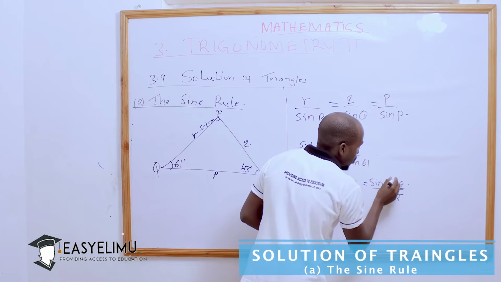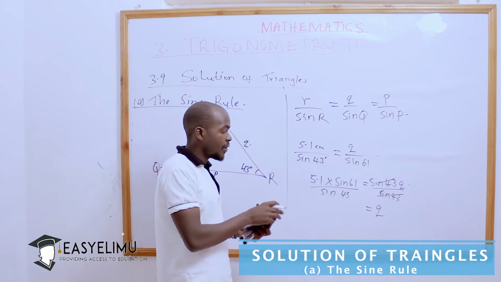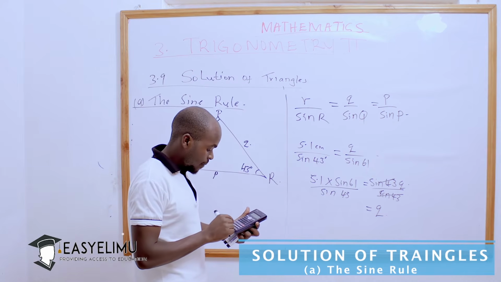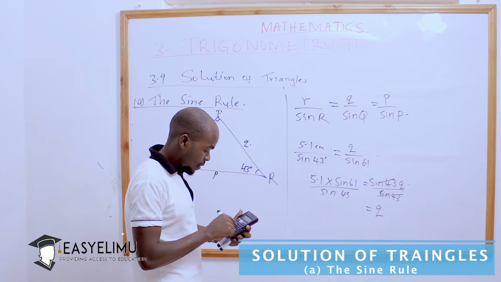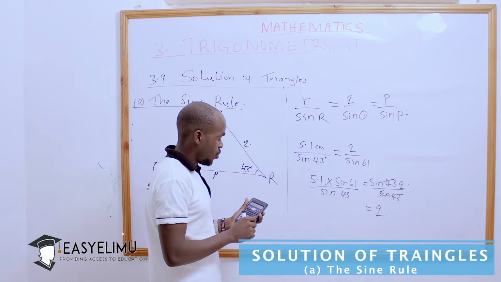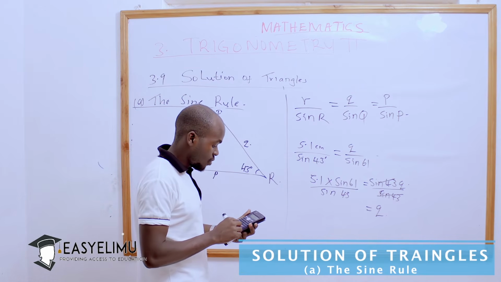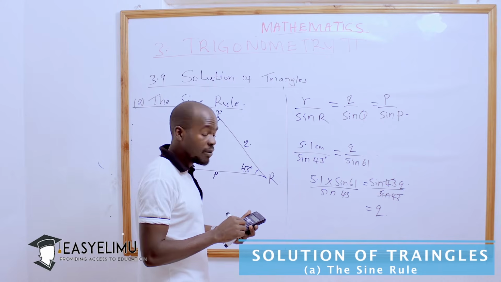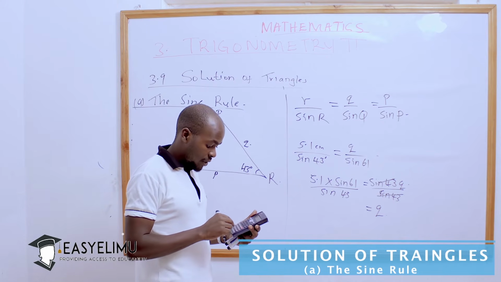If you do that, you will have q equal to, and here you use a calculator. You will say 5.1 multiplied by sine 61, then the denominator you put into brackets, divided by sine 43.